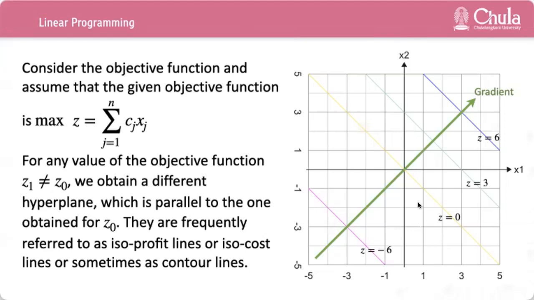Once we know the gradient, we move in this direction to maximize the objective function, or we move backward along that direction to minimize our objective function.